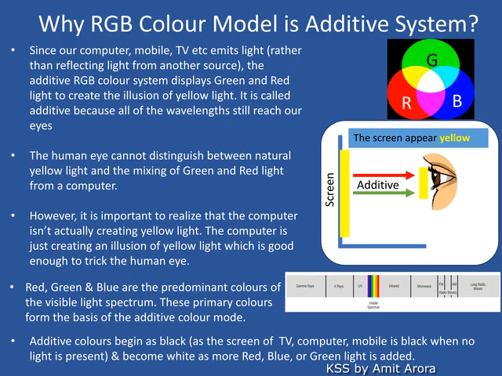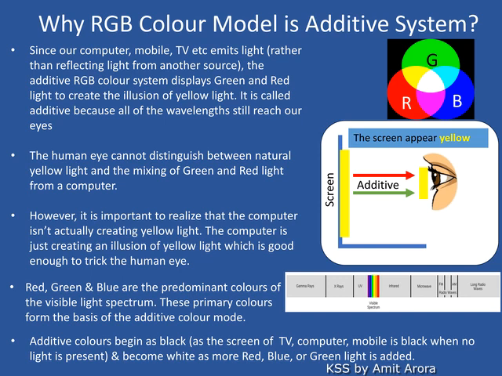So why is the RGB color model an additive system? Let us understand this. Suppose we want to view a yellow screen, then as per this RGB color system, it will emit green and red light to create the illusion of yellow light. As all the wavelengths created reach our eye, it is an additive system.